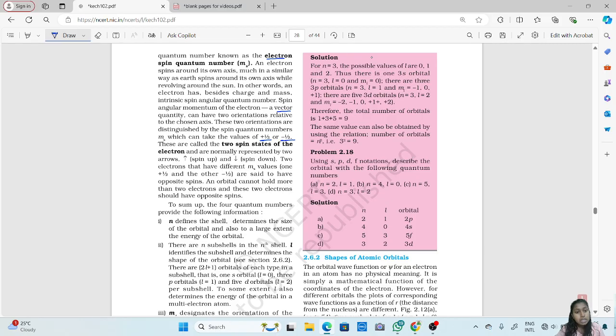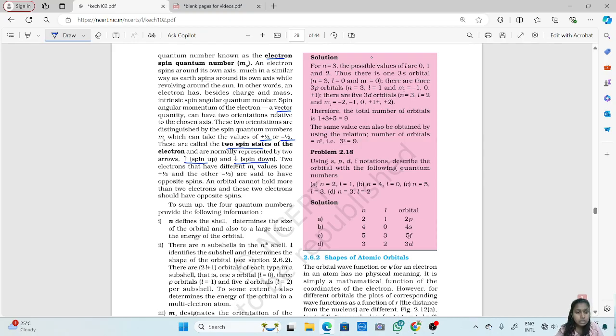These are called the two spin states of the electron, and are normally represented by two arrows, spin up and spin down. Spin up means they can go from up to down, and spin down means they can go from down to up.